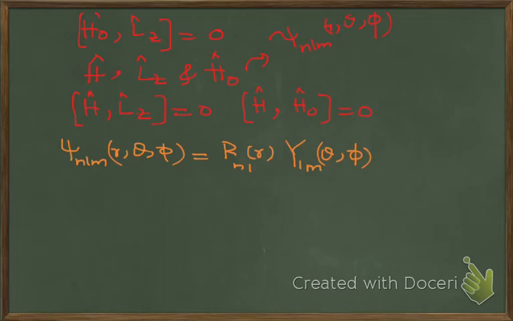This is the radial part of the wave function and this is the angular part of the wave function.